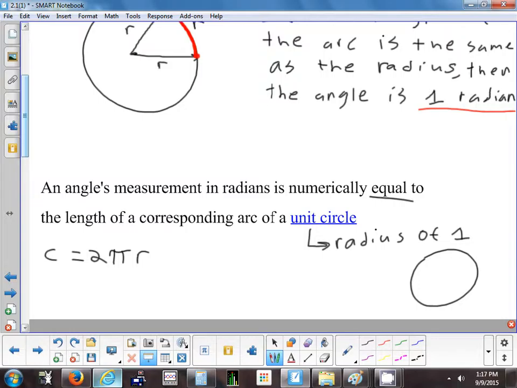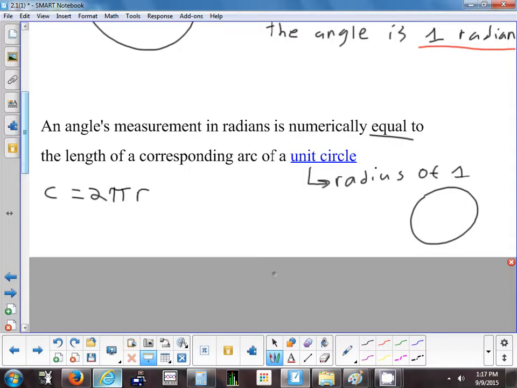Okay. What's my radius on a unit circle? 1. So we're going to fill that in. So we get 2 pi times 1. Multiplying by 1, that's not going to change anything. So the circumference of a unit circle is 2 pi.